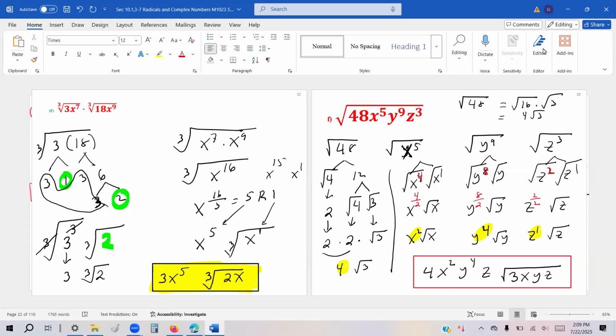For variables, you divide the power by the radical index. What type of radical do you have? The remainder is the power inside the radical. The whole number is the power outside the radical for the variable. And then in the final answer, you put the free with the free, and the inside with the inside.